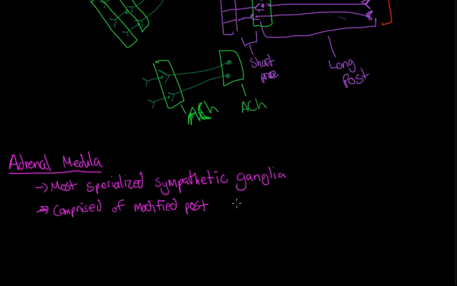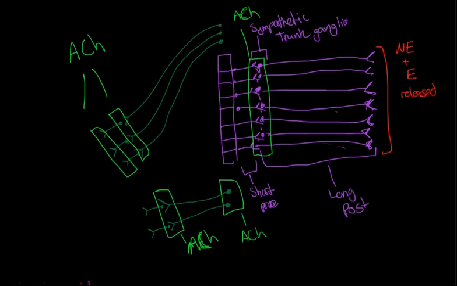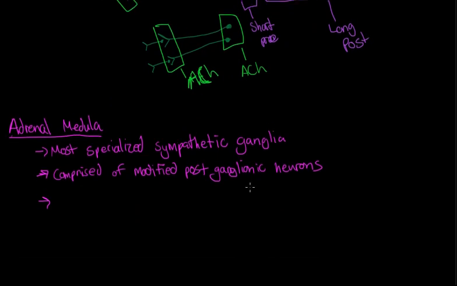They're not synapsing on anything. Postganglionic neurons. What they're going to do is produce large amounts of these hormones right here. So these peptides right here. And that's norepinephrine and epinephrine.